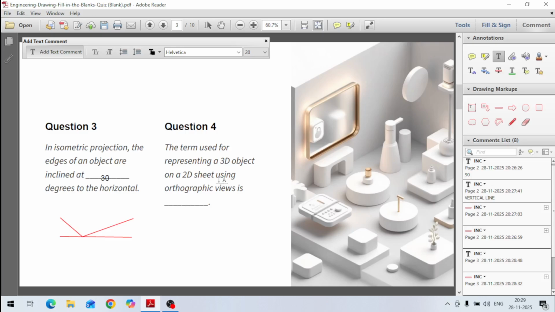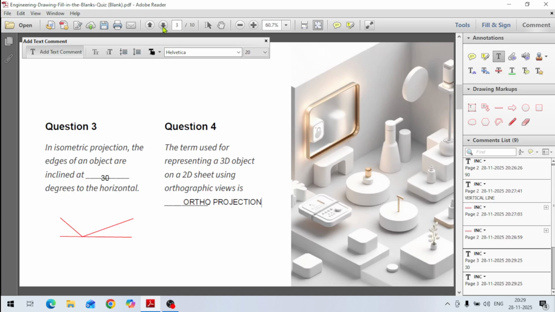You write down here, orthographic projection. It is orthographic projection. Okay.